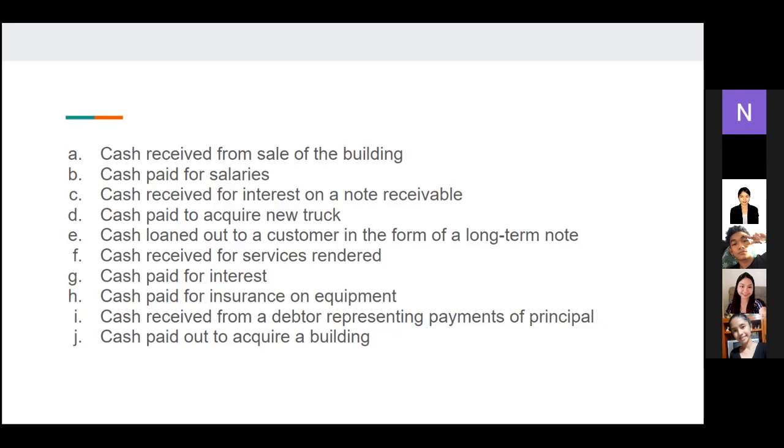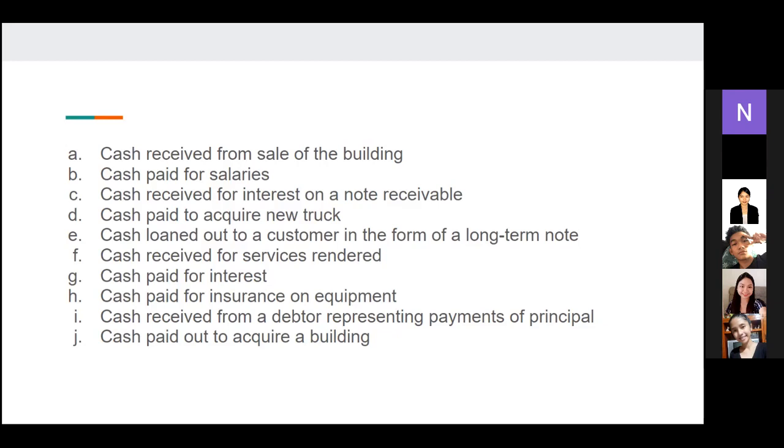So, sa next, sinong gusto first years muna? Sinong gusto magsagot sa next? Simple lang naman to. Operating po ba?